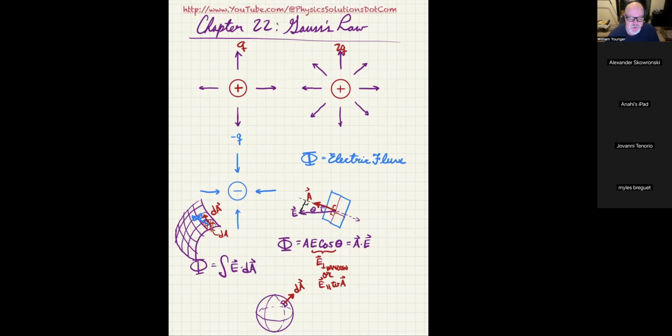All right, now let me show you an example of how to calculate flux, at least in the simple case. I'm going to go to example 22.1, and it says, calculate the electric flux through the rectangle shown in figure 22-1A. The rectangle is 10 centimeters by 20 centimeters.